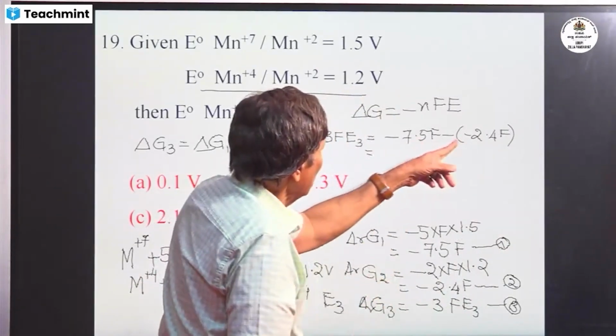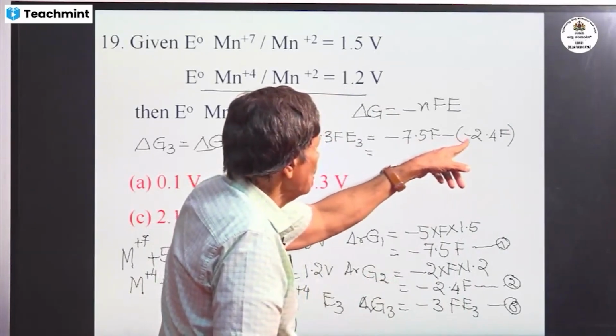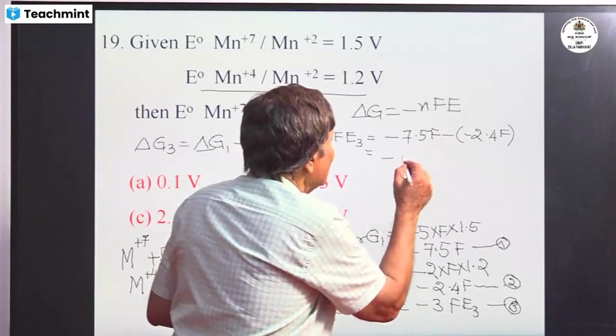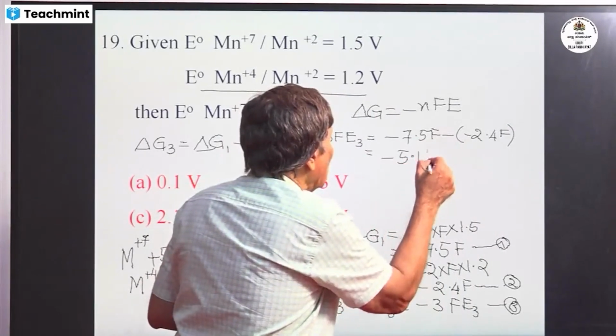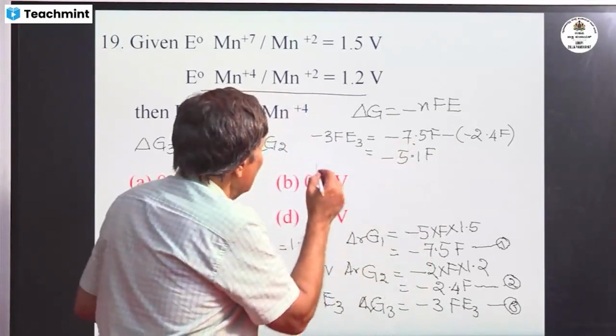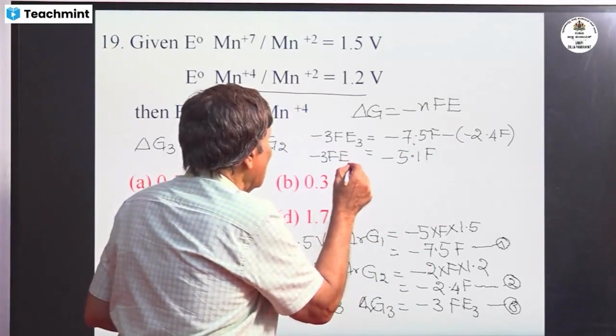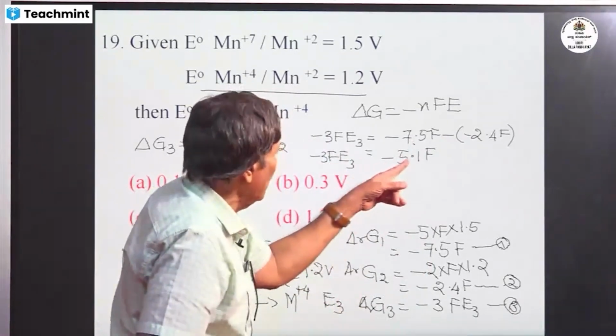So minus of minus, plus 7.5 plus 2.4 minus, 5.1F. Minus 3FE3 is equal to minus 5.1F.